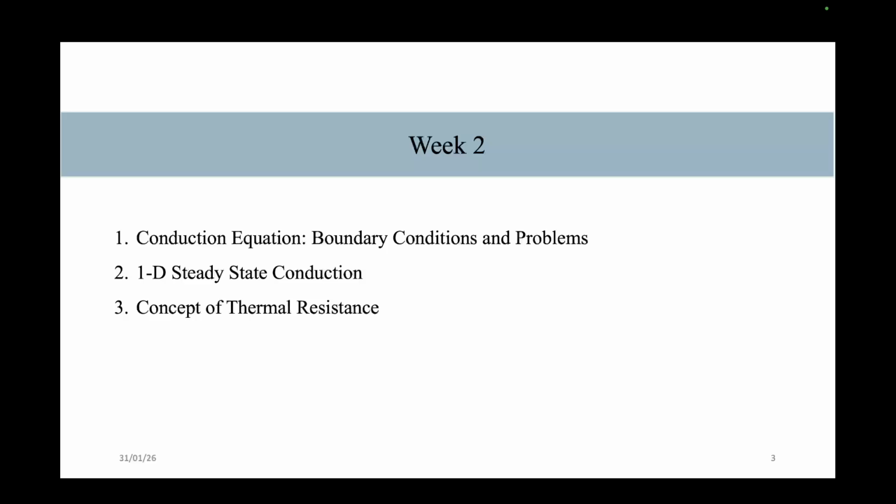We will also see how a 1D steady state conduction equation looks along with some other conditions. Apart from this, we will deal with thermal resistance and how the thermal resistance concept works with conduction.